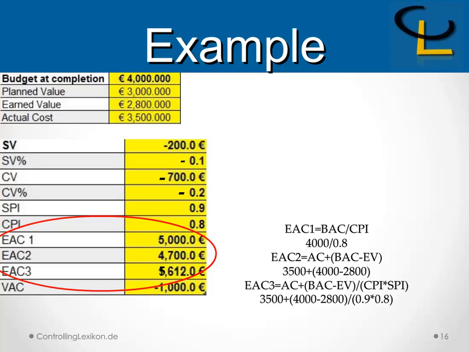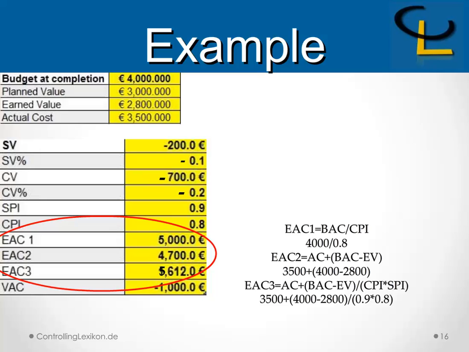The second type of EAC has this formula: the actual cost plus the difference between budget at completion minus earned value, which is 3,500 plus the difference between 4,000 and 200. The result is 4,700.